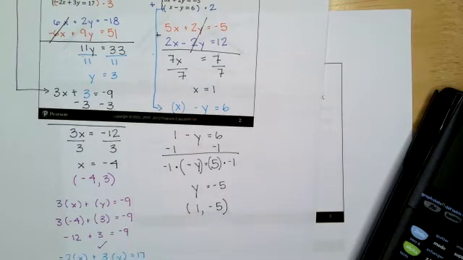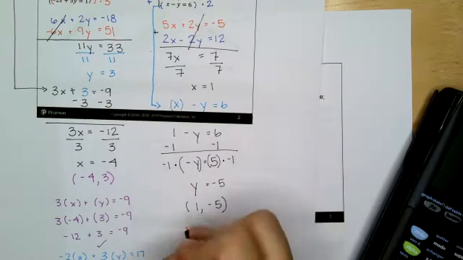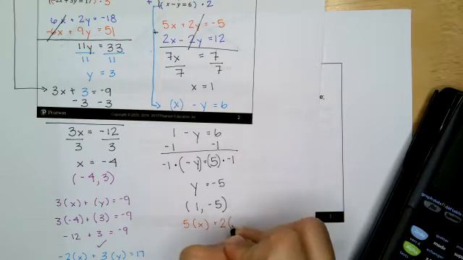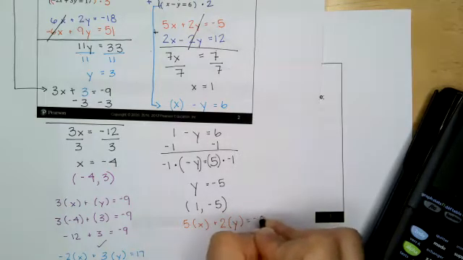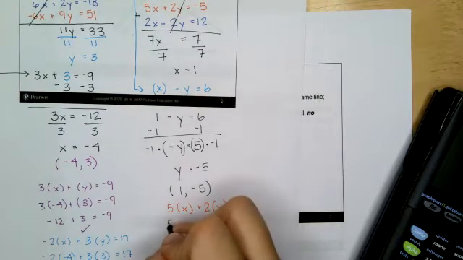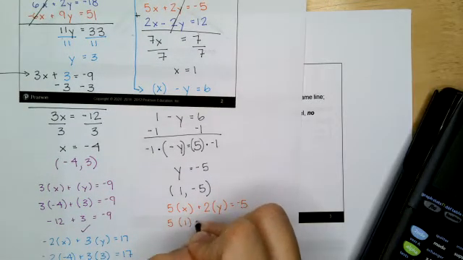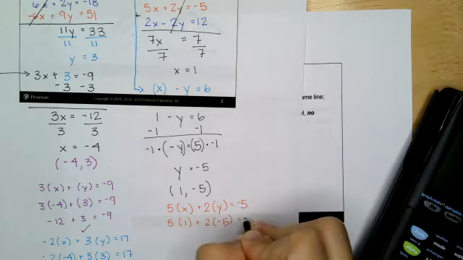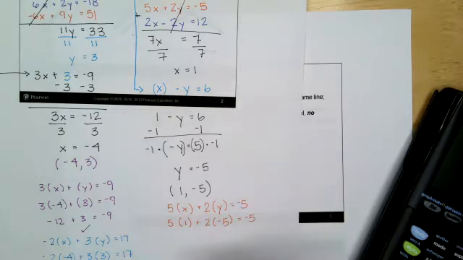Is that true for both of my equations? 5 times x plus 2 times y equals -5 becomes 5 times 1 plus 2 times -5 equals -5. 5 plus -10 equals -5.